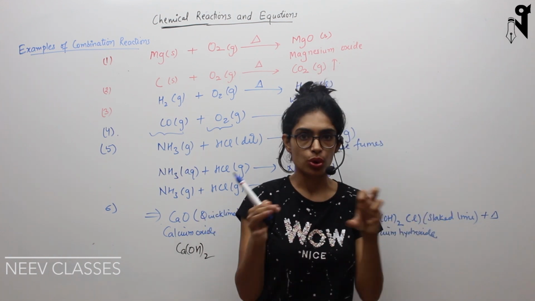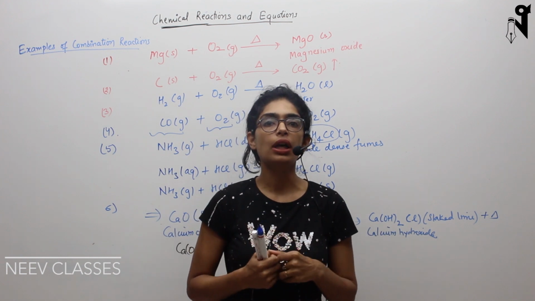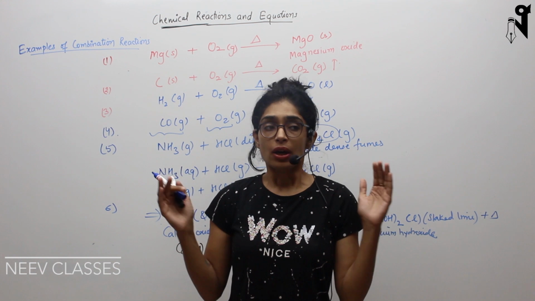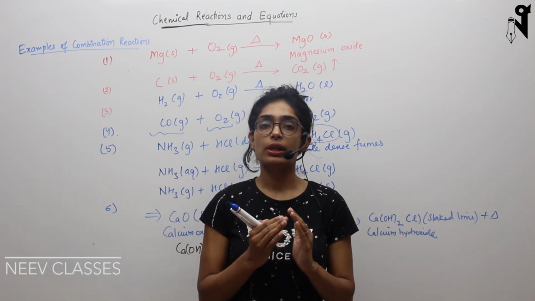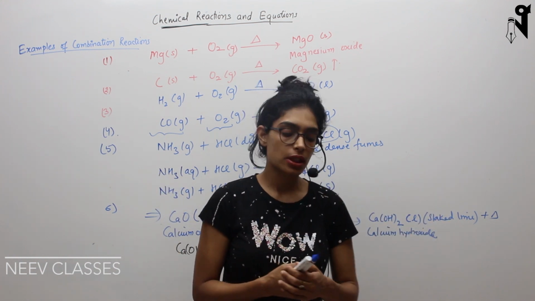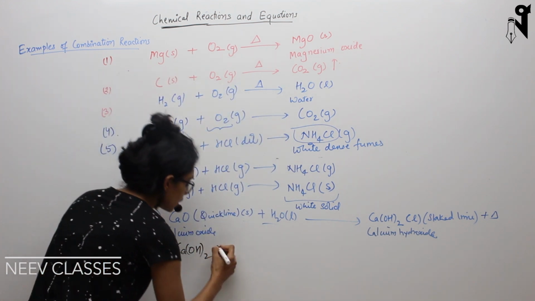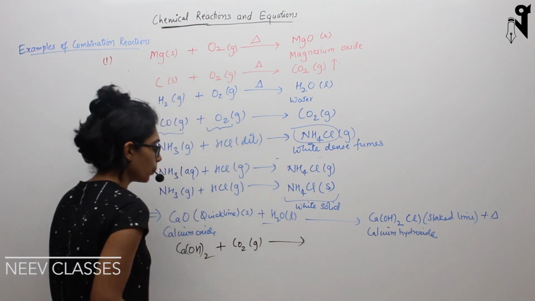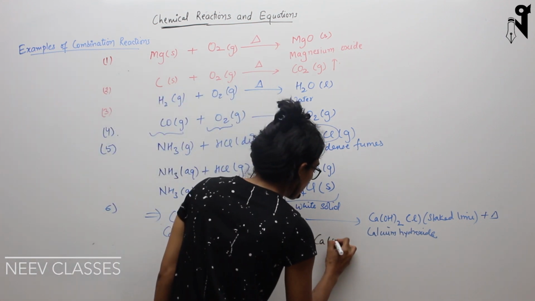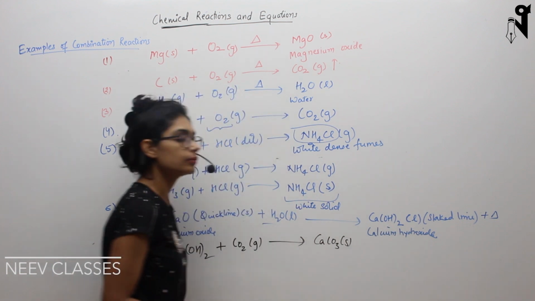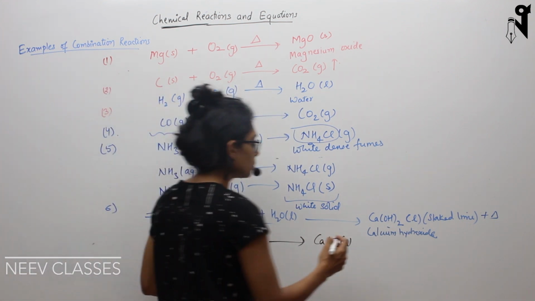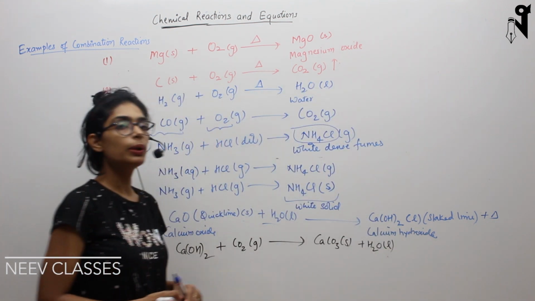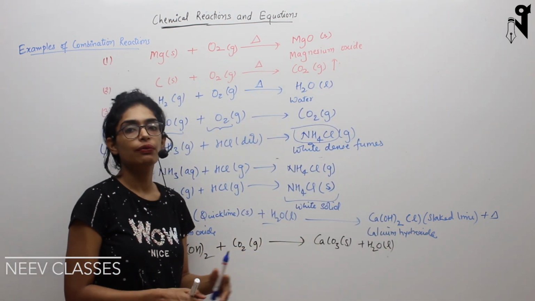So Ca(OH)2, that is slaked lime, will start absorbing the carbon dioxide gas and reacting with it. So CO2 gas it will react with and will form calcium carbonate, plus water will get released. So water will get released and calcium carbonate will form.